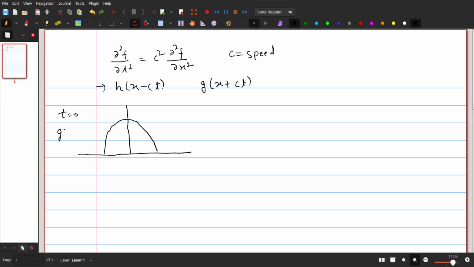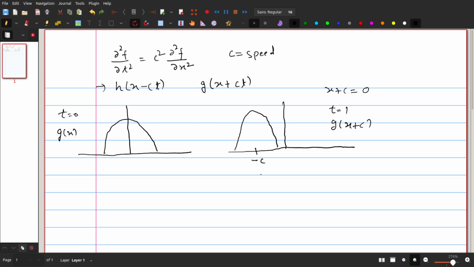This is our g(x) at t equal to 0. If we increase the time to t equal to 1, then our function will be g(x + c), and it will be localized at x + c equal to 0, which gives x equal to minus c. So this function will be localized at minus c. Its shape will be something like this.